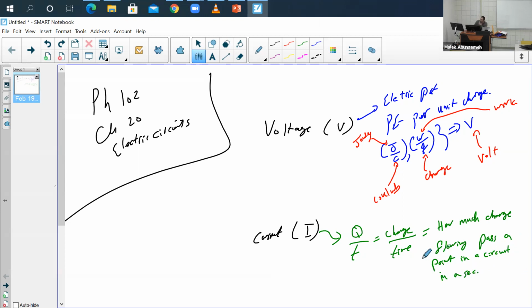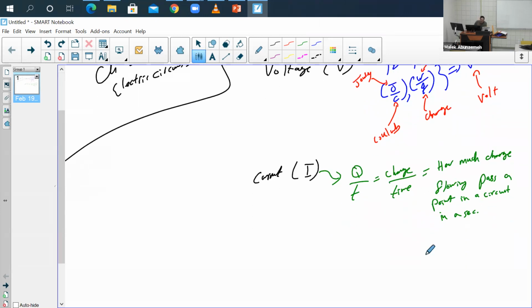So it's how much charge flowing past this point in a circuit in a second.